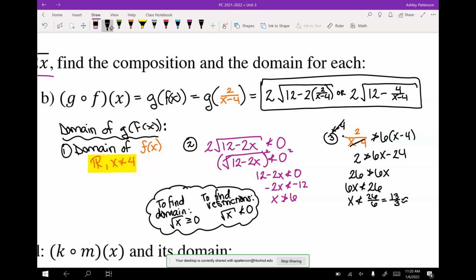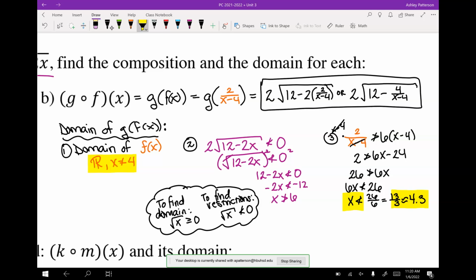What is that in decimal format, approximately? Nice, everybody. 4.3 repeating. And this is also going to be included in our domain. Okay, the results from numbers 1 and 3.